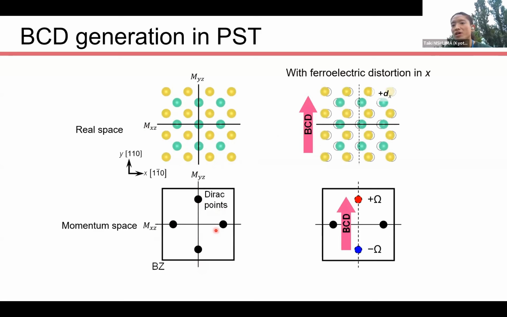If ferroelectric distortion of atoms takes place, one of the mirror planes is broken. So the inversion symmetry of the system is broken in this case. Accordingly, 2 of the 4 Dirac points open up gaps, and they can obtain finite Berry curvature. Because their signs are opposite, we can expect a Berry curvature dipole along this axis.